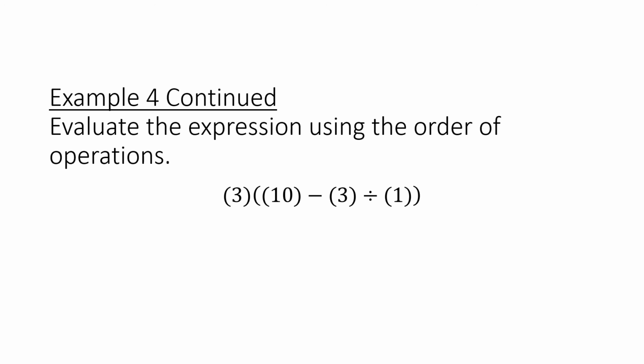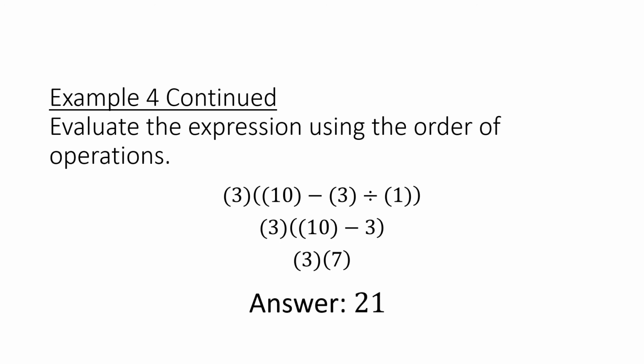So then we're going to do negative 3 divided by 1, which will be negative 3, or minus 3 is the same thing as negative 3. And so then now we have 10 minus 3 in parentheses, and that would be our next step here. And so 10 minus 3 is 7. So last we have one operation left, and that's 3 times 7, which gives us an answer of 21.